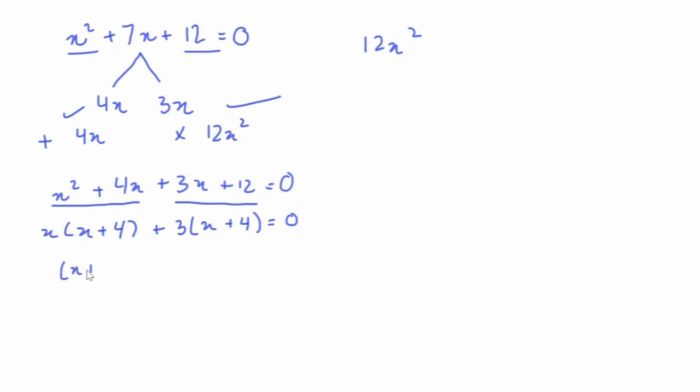After taking the bracket common, we get x plus 4 times x plus 3 is equal to 0. So either this is 0 or this is 0 to make the whole equation 0. We can calculate them separately.